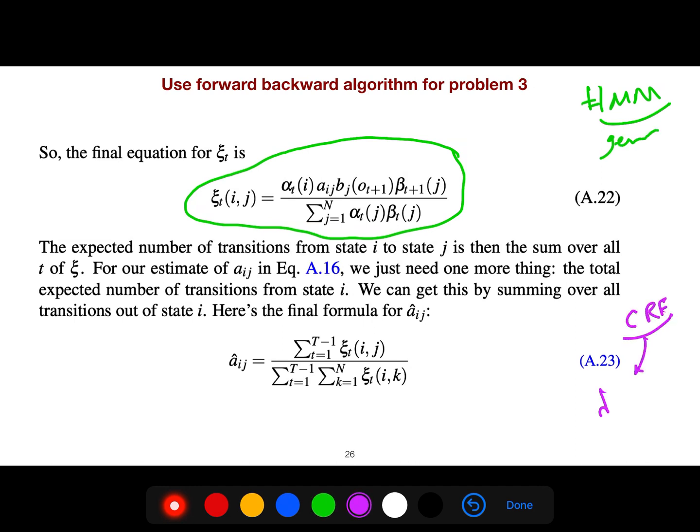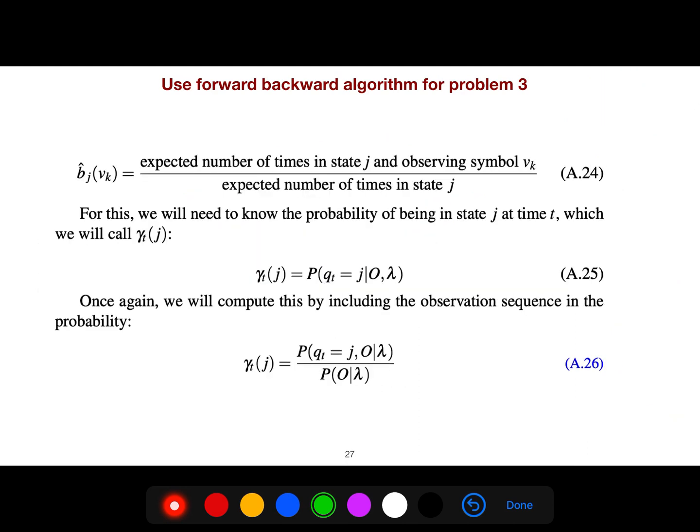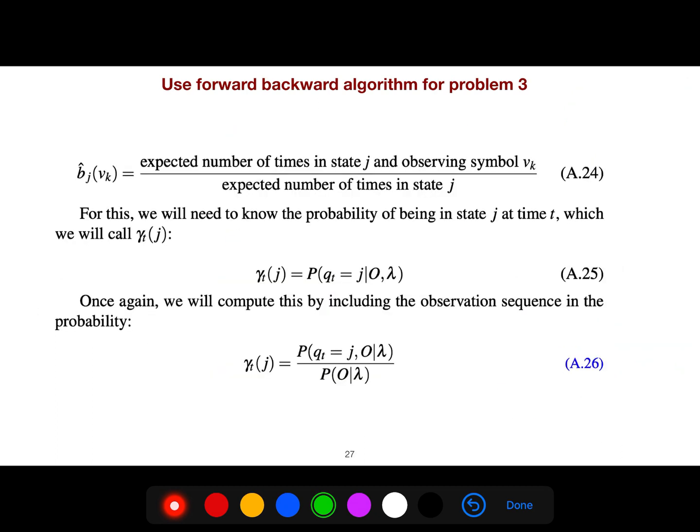CRF is a discriminative model. So in CRF, we get what we want, but not everything. But it is fast, but HMM is like a bulldozer. It gives you a lot of power, but maybe you may not need it. And of course you see this is very tedious.